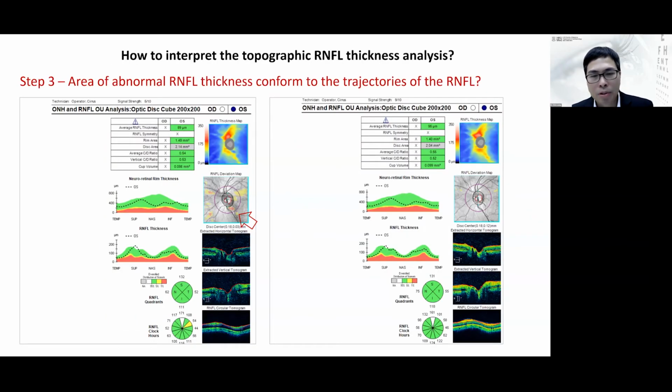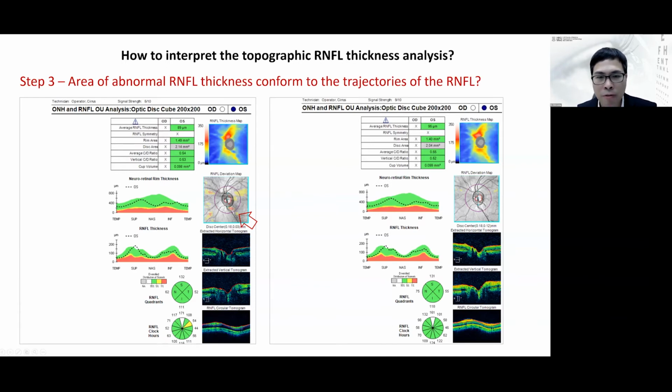The third step, when you look at an OCT printout, is you need to study the area of abnormality to check whether the defects we are looking at in this deviation map or probability map conform to the trajectories of the retinal nerve fiber layer. Here is an example we just saw, and you see a patch of abnormal areas.